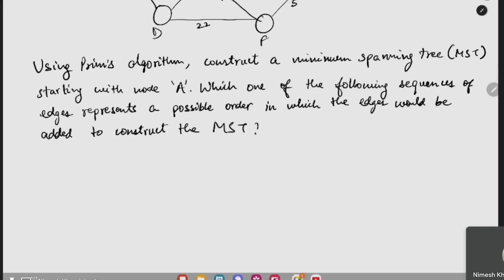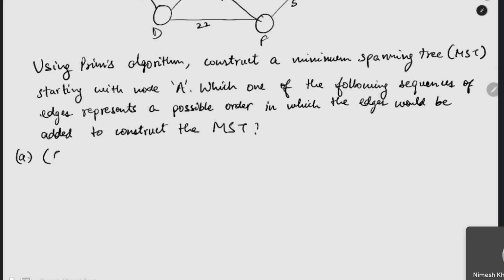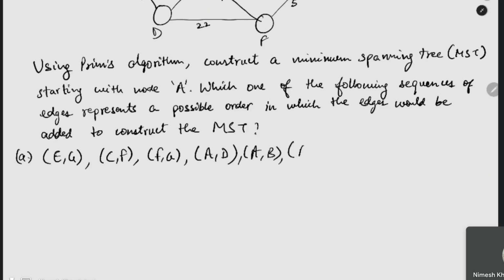So for us the options are having EG, then CF, followed by FG, AT, AB, AC.